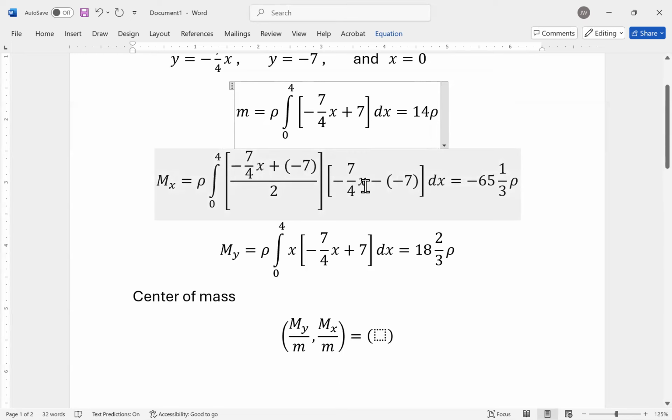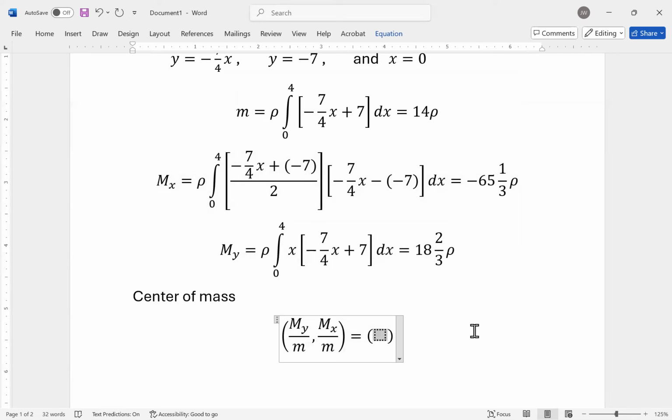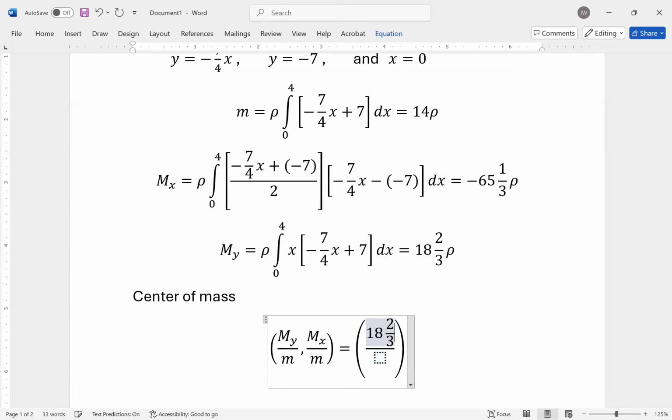Now I'm ready to calculate my center of mass. So to get the x coordinate, I would take 18 and 2/3 times rho, divide that by 14 times rho.